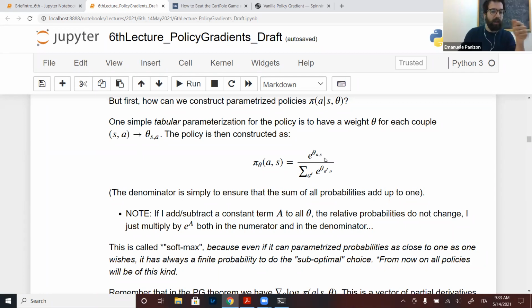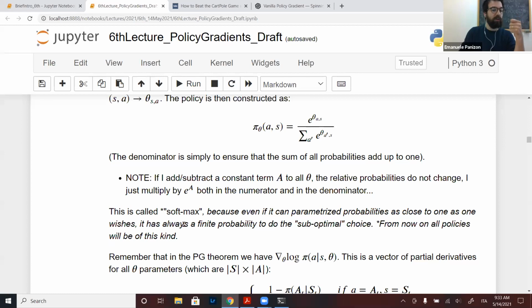Essentially, above you will have e to the theta plus a, which means e to the theta times e to the a, it's a product. On the denominator, you will have the same thing, e to the other theta times e to the a. So all the e to the a terms will cancel out. So if you add a constant term to the weights, the relative probabilities do not change. Okay, this is helpful sometimes because dealing with exponentials can create numerical problems.